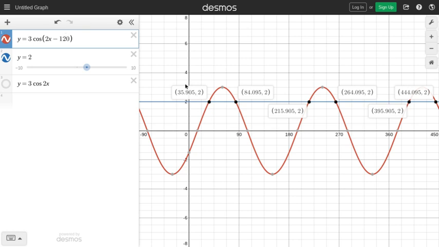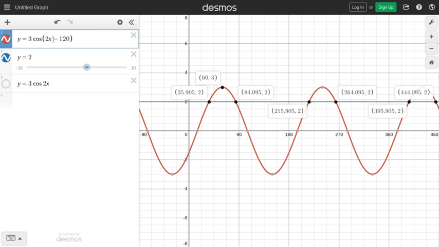So why is it not starting at (0, 3)? That's because we have 2x − 120 here, which is going to give a shift to the right. Hopefully one or two of you are thinking, would it not move 120 degrees to the right? It doesn't appear to have gone that far, because it's only gone 60 degrees to the right.